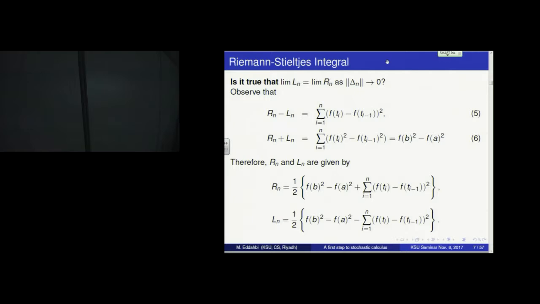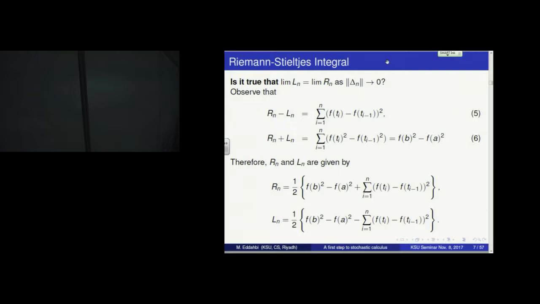Now, looking at these two terms, in order for L_n and R_n to have a limit, we just need that this sum has a limit. When this has a limit as the mesh goes to 0, this is exactly the quadratic variation. It is quadratic because you have the square here, and if this limit exists, this means that the function is of quadratic variation. The first variation, quadratic, third variation, we can develop this.